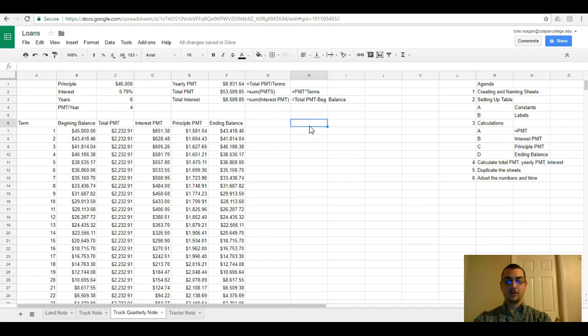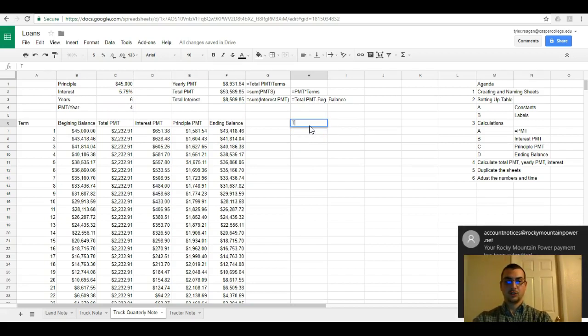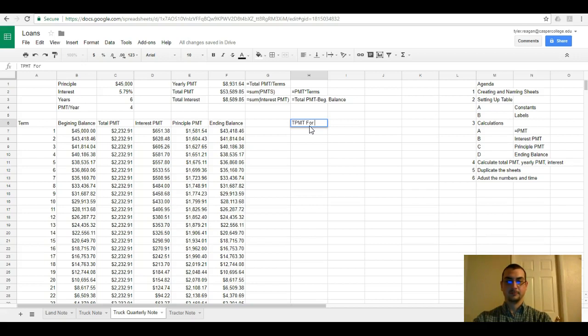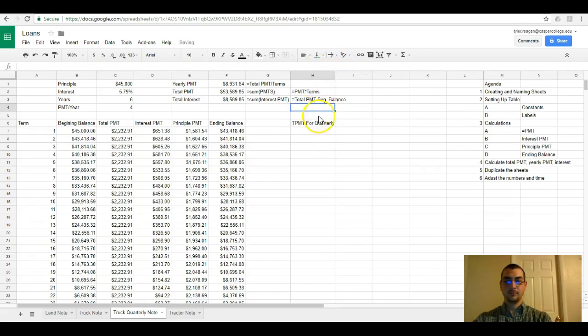Now I want to make a note right here. We want to say total payment for quarterly. And then we want to say total payment for monthly.